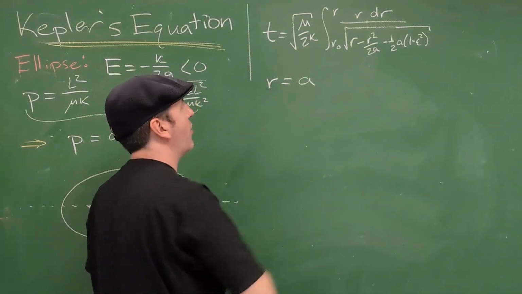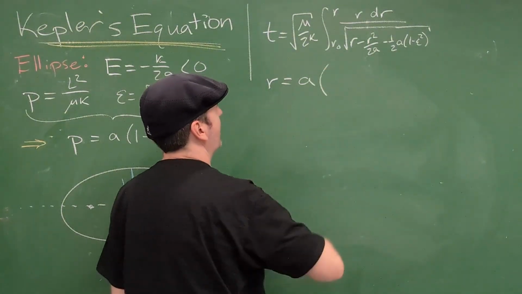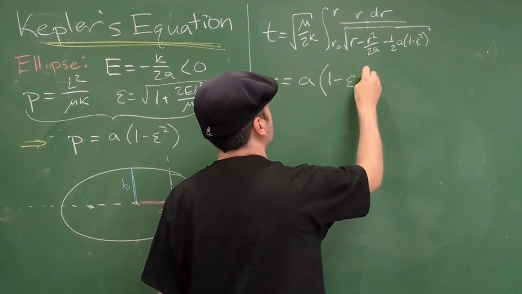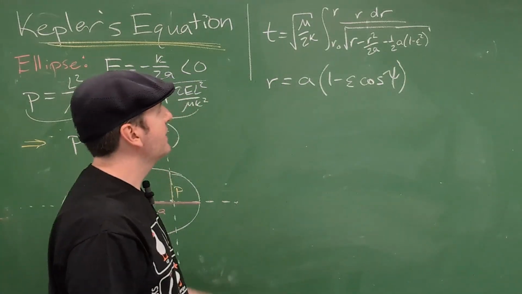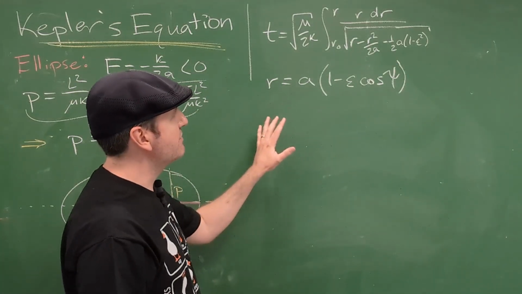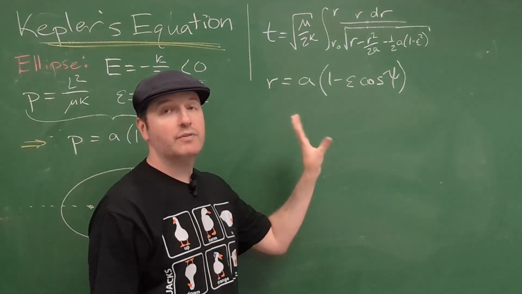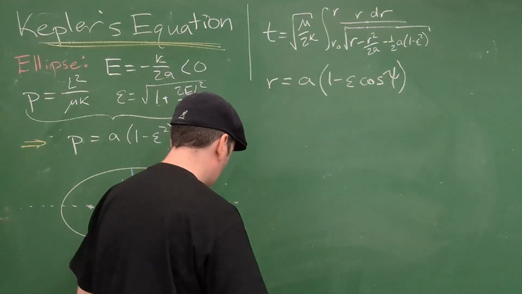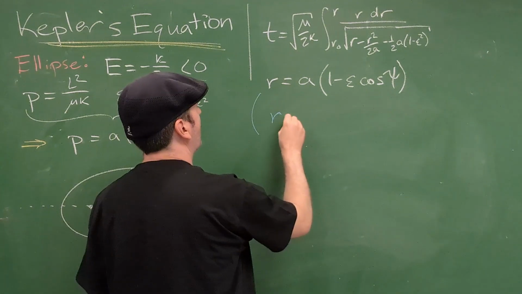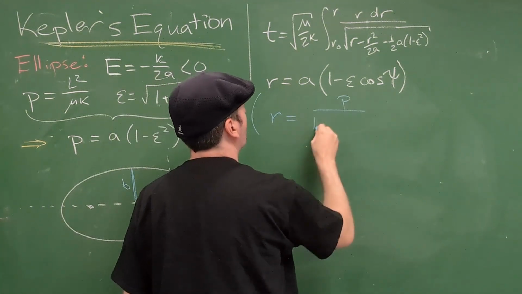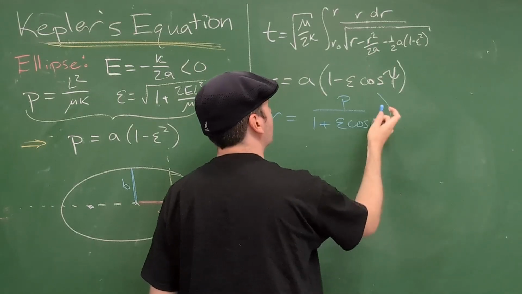So I'm going to replace my R variable, which is my radial variable, with the semi-major axis times 1 minus the eccentricity times the cosine of psi. Now, the reason why this is convenient is, first of all, it should remind you a little bit of the orbital equation. And as a reminder, maybe I'll put that in blue here. We know that R is actually P over 1 plus epsilon cosine of phi.